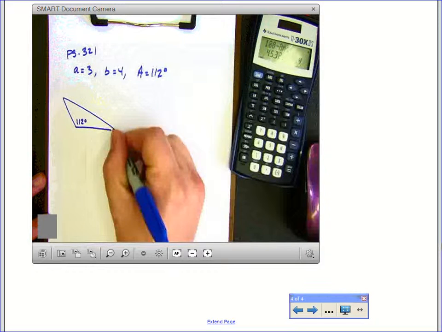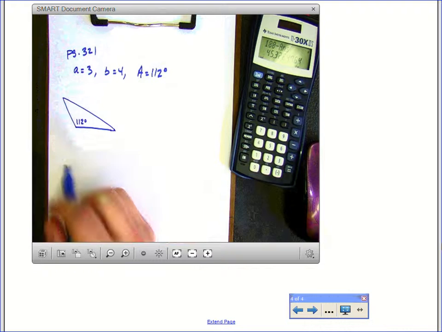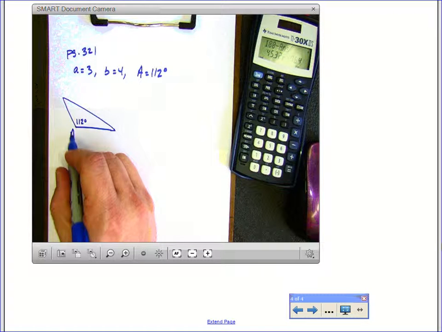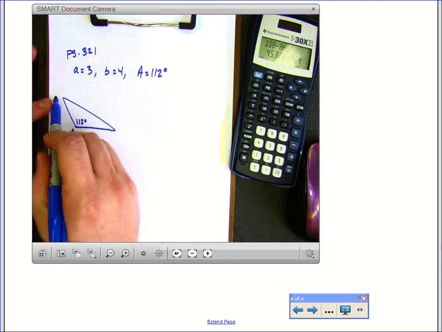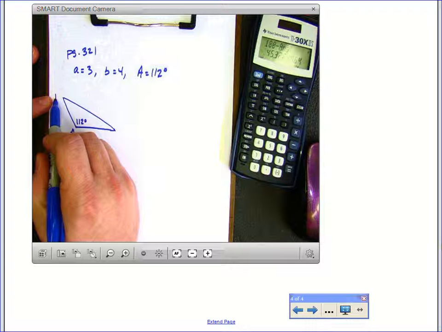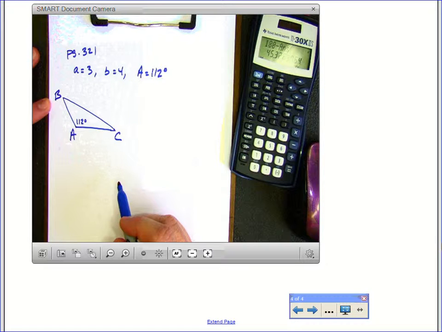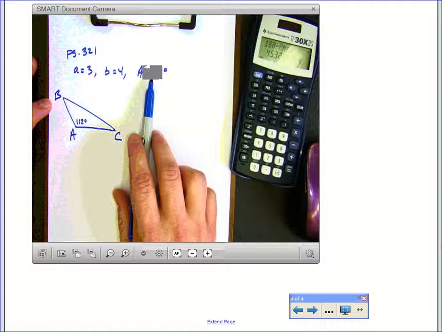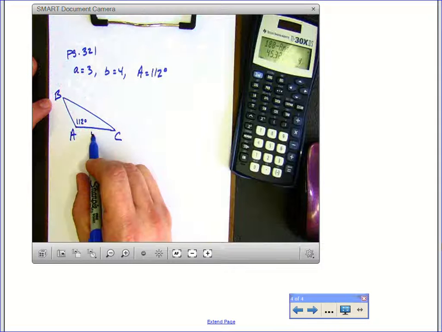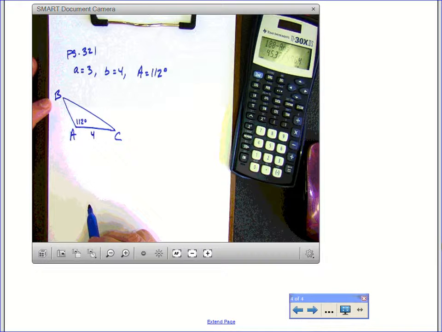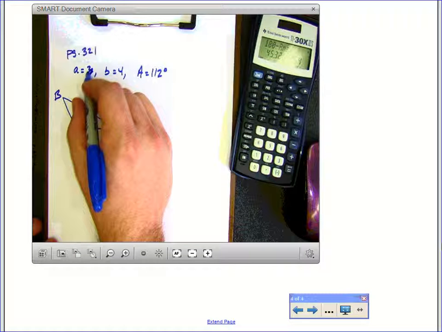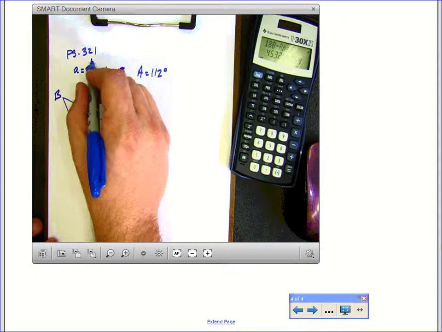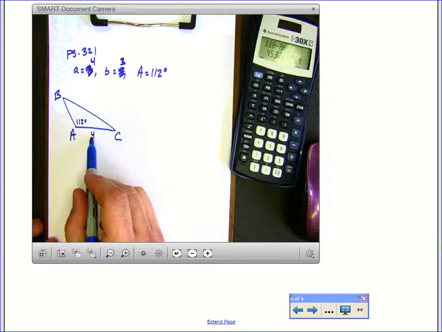Okay. Now, let's put the sides in, and let's see if it's side angle side or side side angle. Okay. Y'all want to put B up here. All right. C down here. All right. A is 112. All right. Little b is going to be 4. Did I copy down that right? I got them backwards, I'm sorry. A is 4, B is 3.